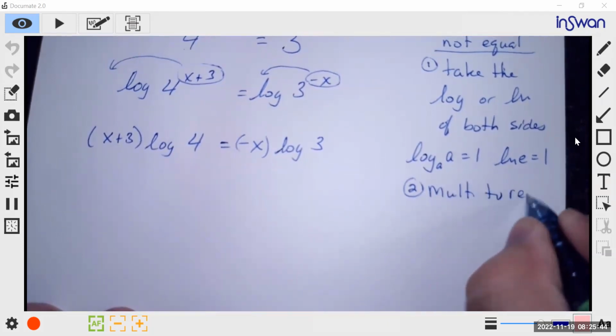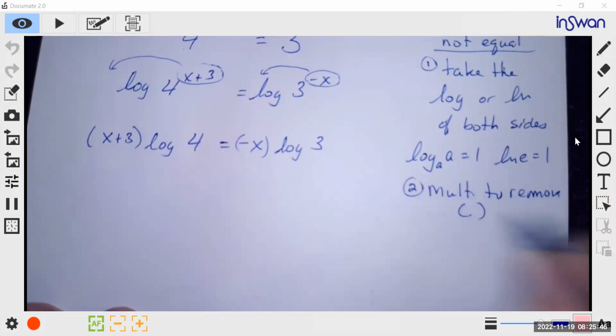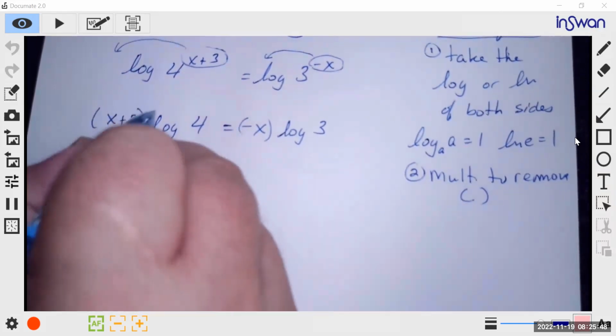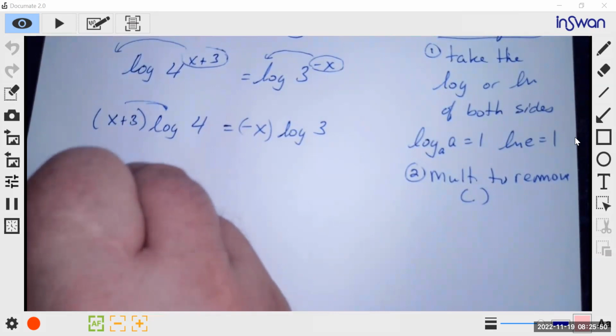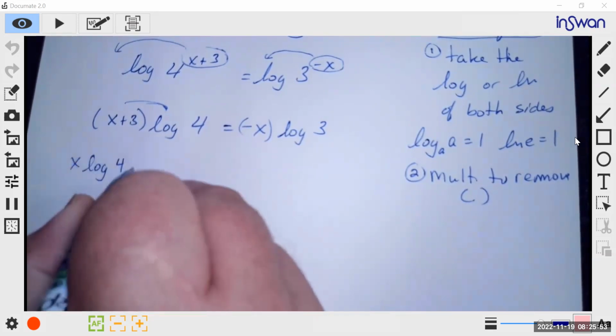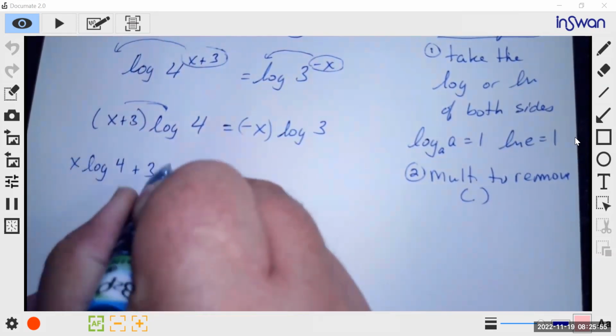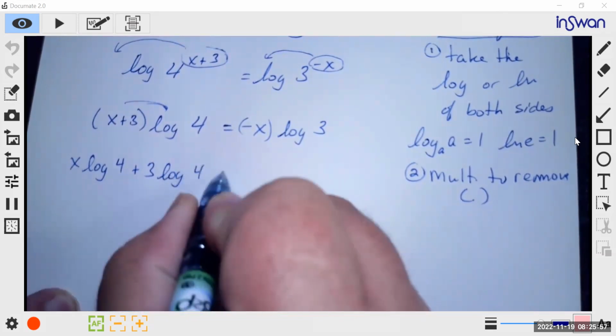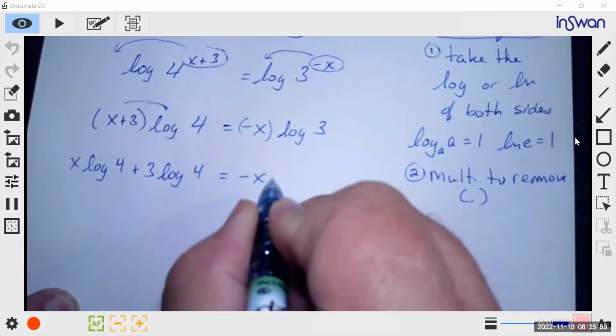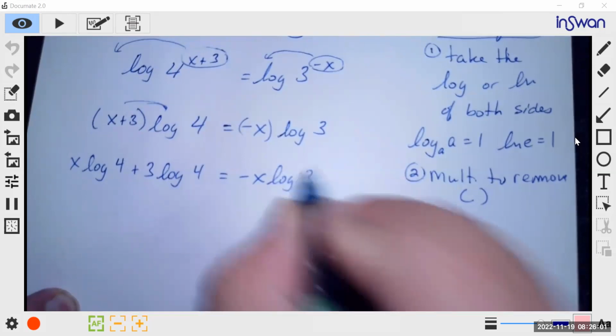Multiply to remove parentheses. So we have x log base 10 of 4 plus 3 log base 10 of 4 equals negative x log base 10 of 3.